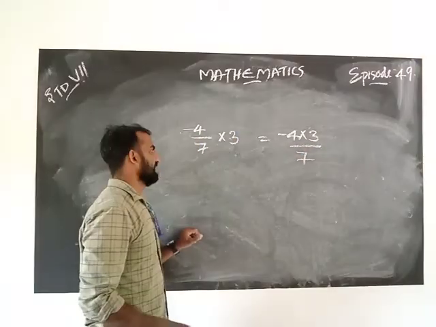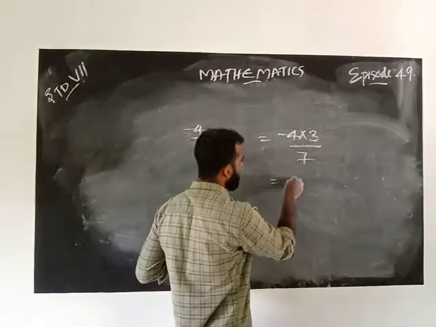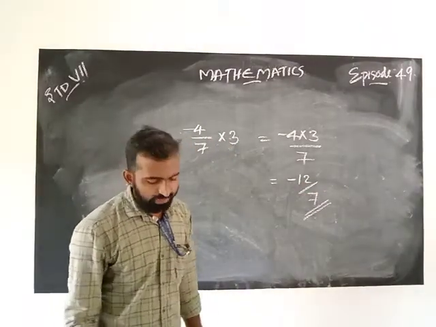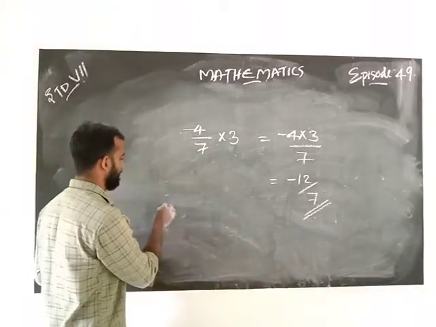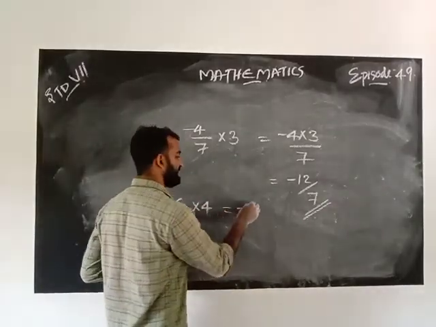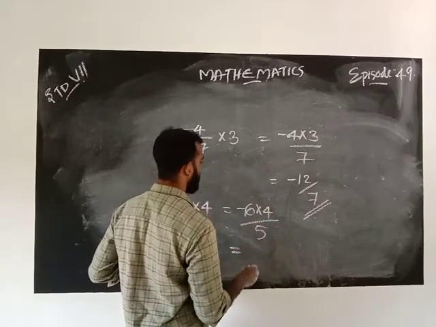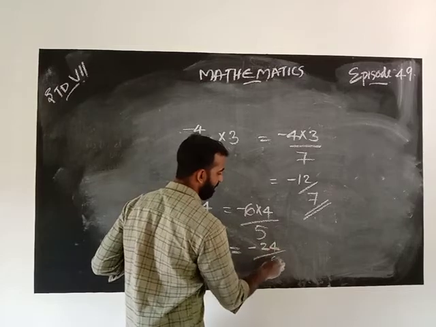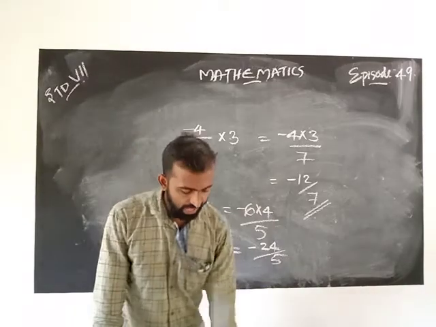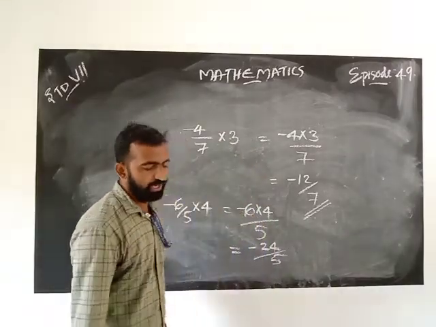We get the answer as negative 12 by 7. And next question is negative 6 by 5 into 4. That is negative 6 into 4 divided by 5. What do we get? Negative 24 by 5. That is the answer.